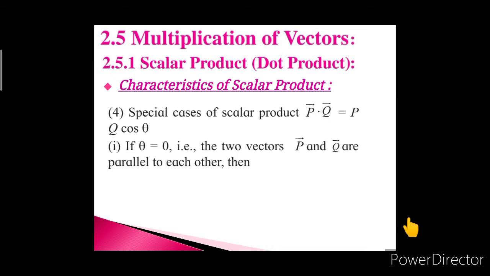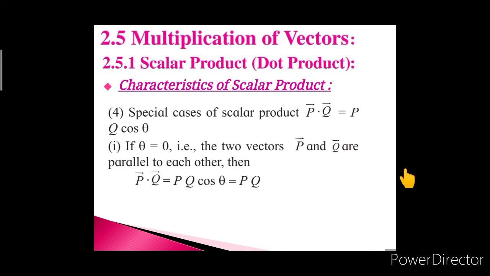First of all, if theta is 0, that means the angle between the two vectors which are multiplied together is 0, so we are talking about two vectors which are parallel to each other. As the angle theta is 0, we can say that vector p and vector q are parallel to each other. Then what will be the value of vector p dot vector q?